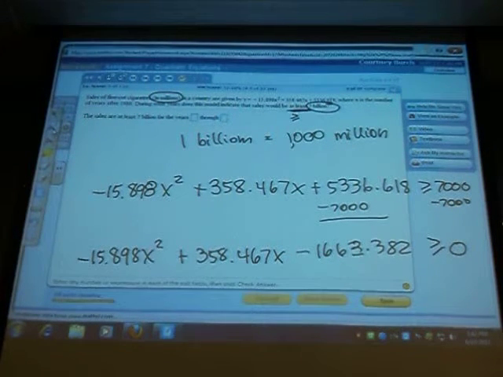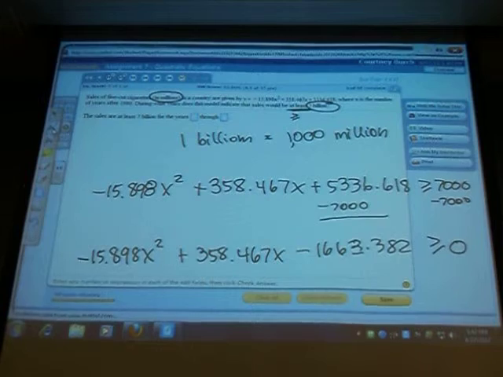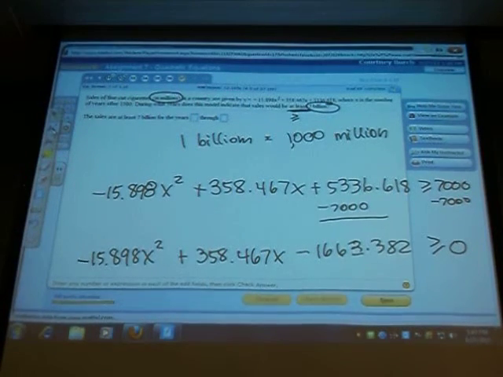Then all you need to do is graph this and figure out where it is positive.